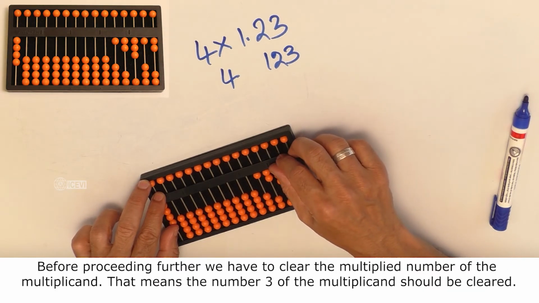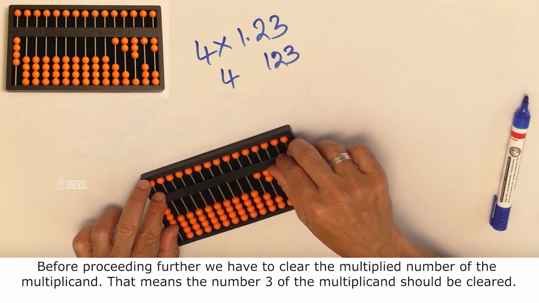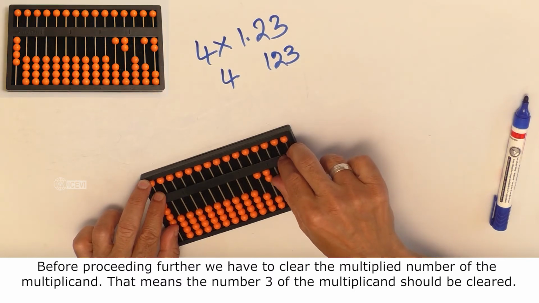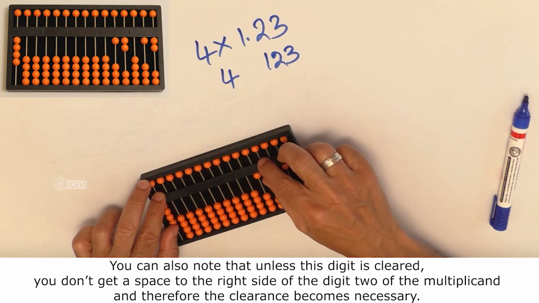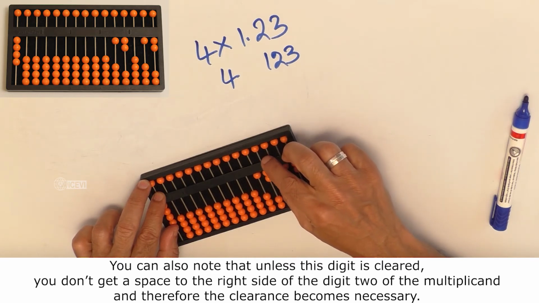Before proceeding further, we have to clear the multiplied number of the multiplicand. That means the number 3 of the multiplicand should be cleared. You can also note that unless this digit is cleared, you don't get a space to the right side of the digit 2 of the multiplicand, and therefore the clearance becomes necessary.